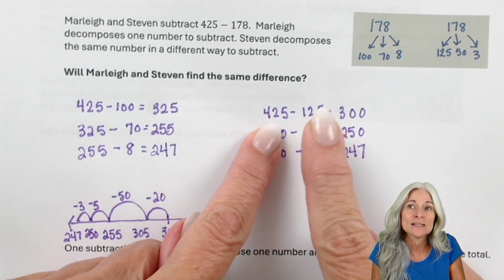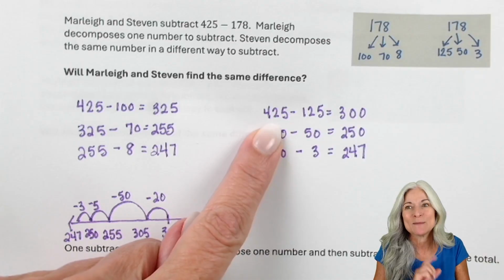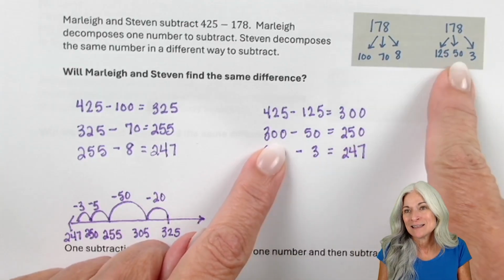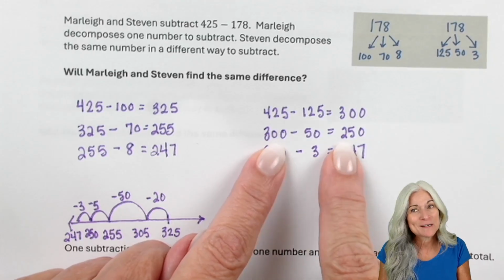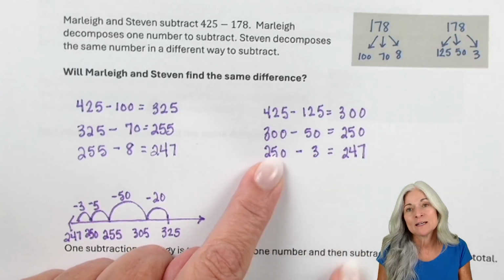Stephen is intentionally picking 125 to start with, because that's going to give him a nice friendly number of 300. And then take away 50, gives him a friendly number of 250, and then 3 more. These all add up to 178.